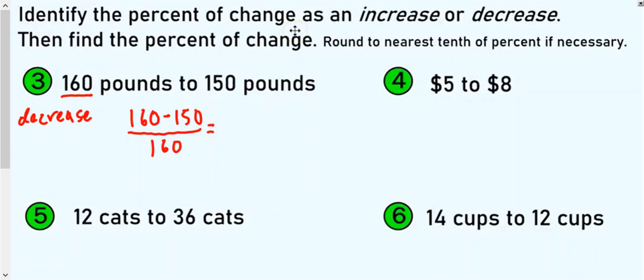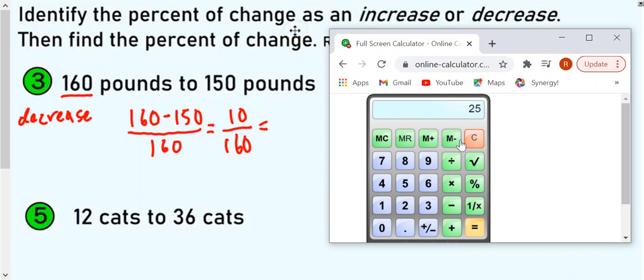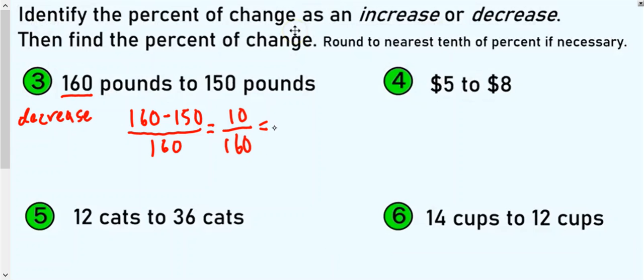160 minus 150 will be 10, and 160 as our denominator, and then if we divide that, we get 10 divided by 160, and that's a decimal of 0.0625.